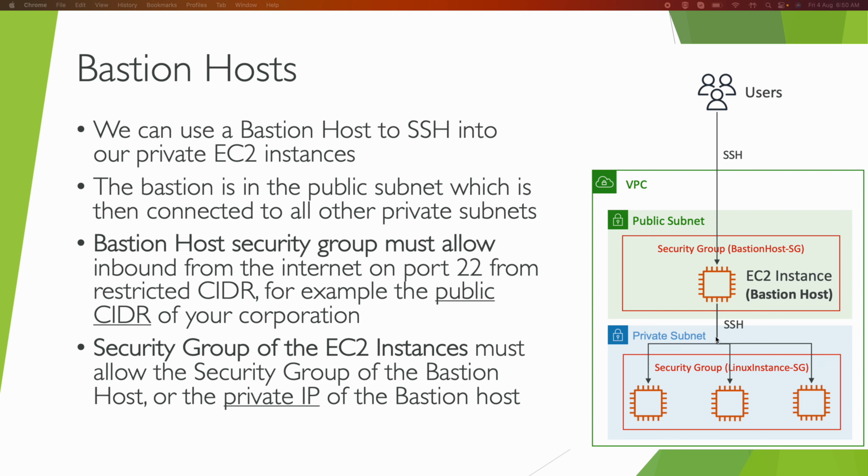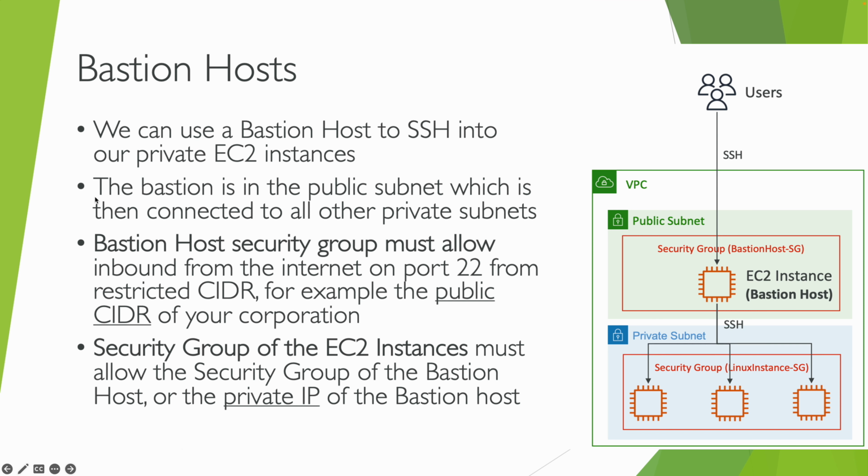They can be connected internally through private IPs. So the users will SSH into the EC2 Bastion instance in the public subnet through its public IP, and once they enter the Bastion host, from there it can be used to connect to the private subnet EC2 instance with its private IP.